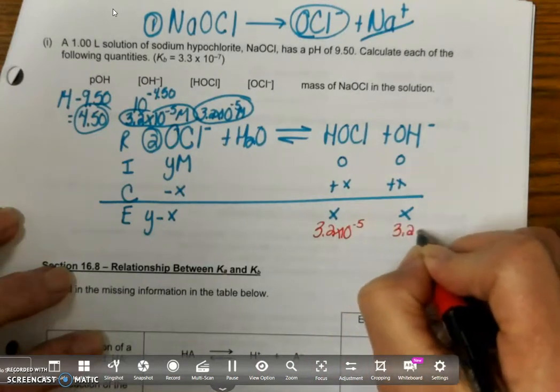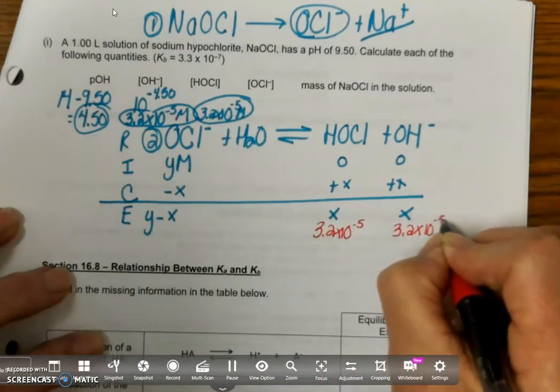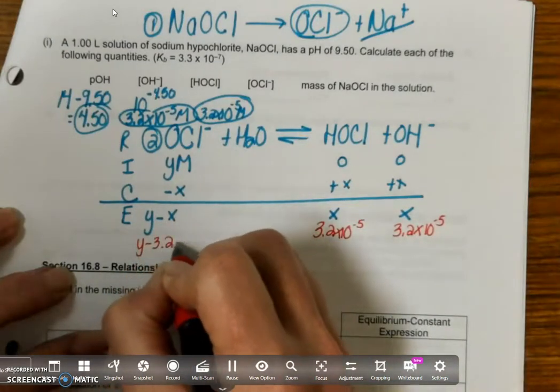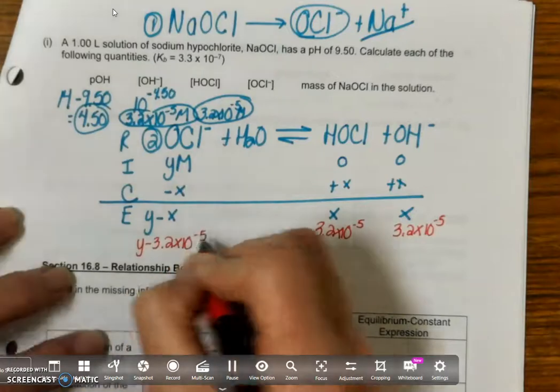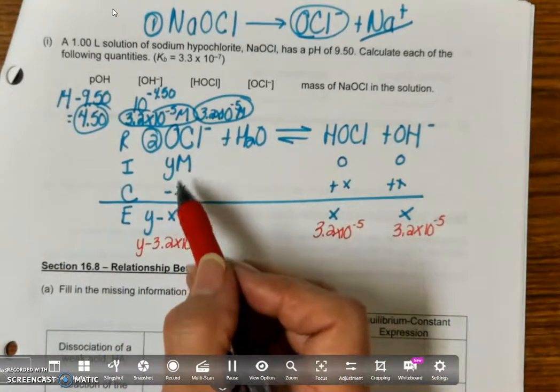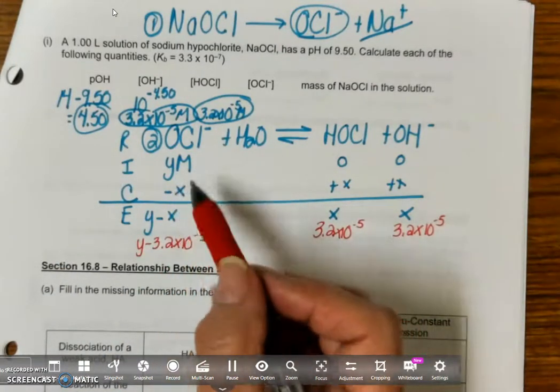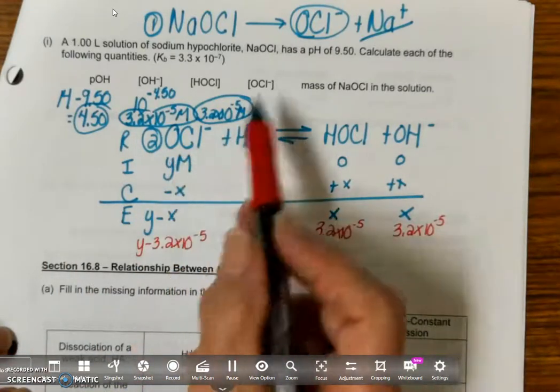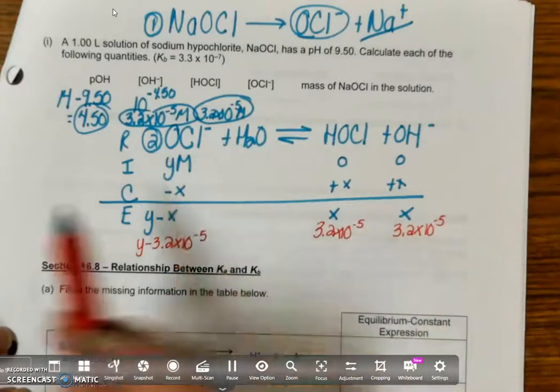This is 3.2 times 10 to the minus 5. And this is Y minus 3.2 times 10 to the minus 5. Okay? I've designated this as Y. You could call it whatever you want, but I'm doing everything's the same, only I don't have a number here. I have to find that number.